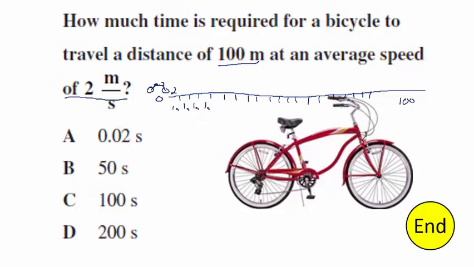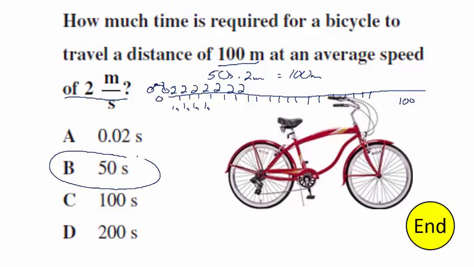If you think about it, and this is 2 meters, 2 meters, 2 meters, and it keeps going, right? So visualizing, it's going to take me 50 seconds times the 2 meters to go 100 meters. So the choice here, 50 seconds.